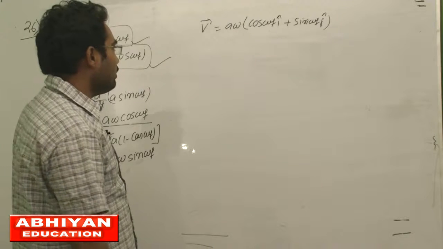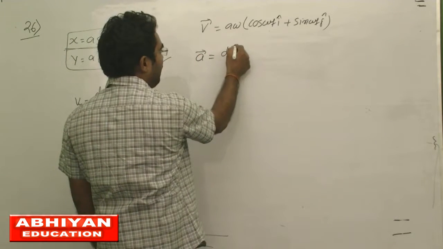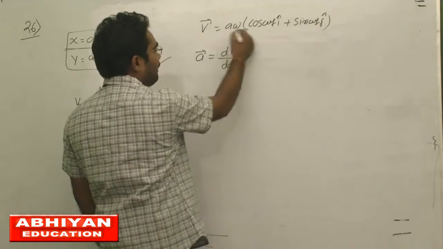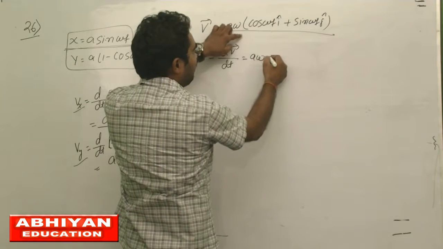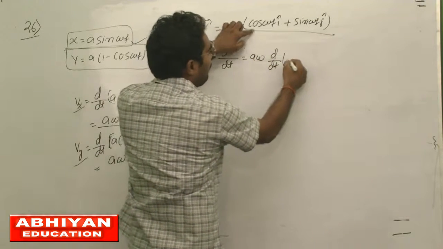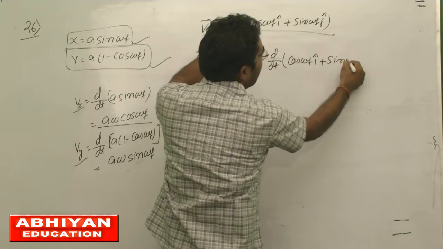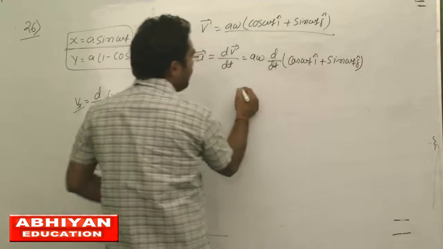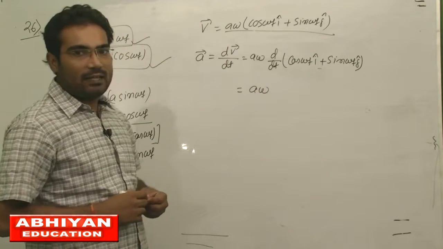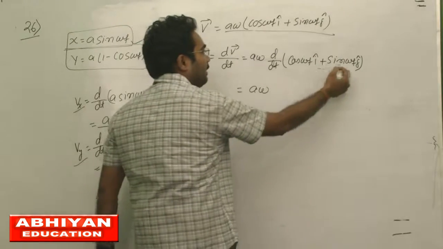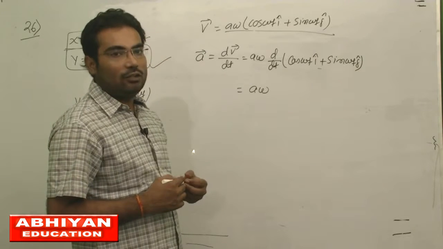Differentiation of this gives the acceleration. So acceleration is given by dv by dt. Differentiate this equation with respect to time. A omega is constant, d by dt of cos omega t i plus sin omega t j. The differentiation of cos omega t is minus sin omega t into omega, and the differentiation of sin omega t is cos omega t into omega.